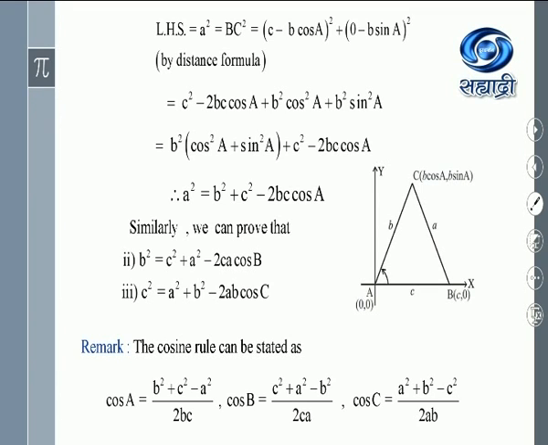If you look at the statement, A square is equal to B square plus C square minus 2BC cos A. Now this term we write to LHS, so that becomes plus 2BC cos A is equal to b square plus c square, and this term a square we write to RHS. So we will get 2bc cos a is equal to c square plus b square minus a square.